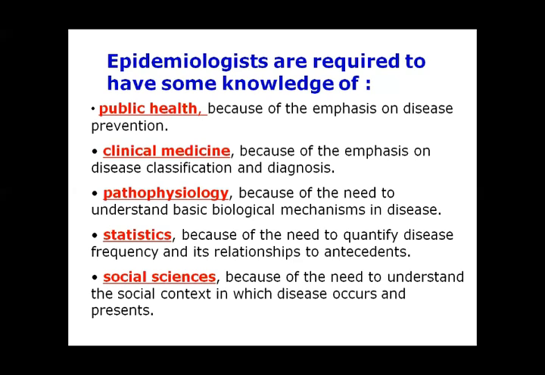Statistics is also important, because epidemiologists need to quantify disease frequency and its relationship to antecedents. And social sciences, because they need to understand the social context in which disease occurs and presents. So this knowledge is required for epidemiologists.